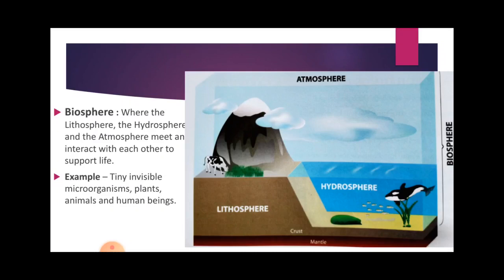We had already read about the abiotic components of the natural environment such as lithosphere, hydrosphere, atmosphere, and when all these three components mix with each other, they form the biosphere. And the biosphere is a zone where all living beings survive. Clear? So this is the biosphere.